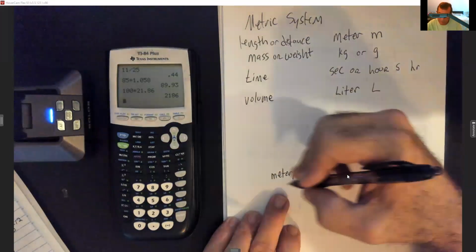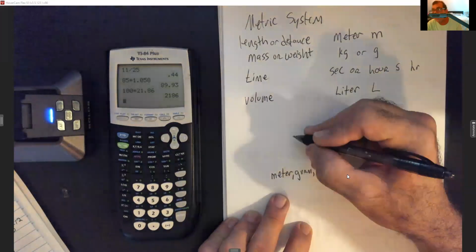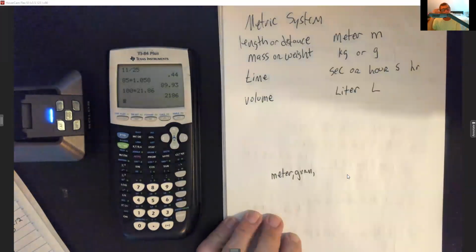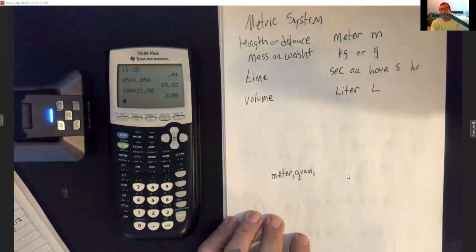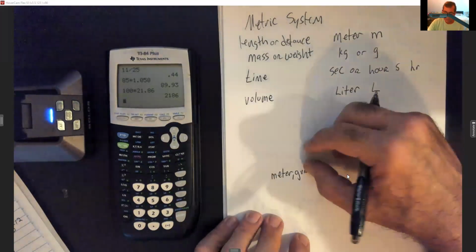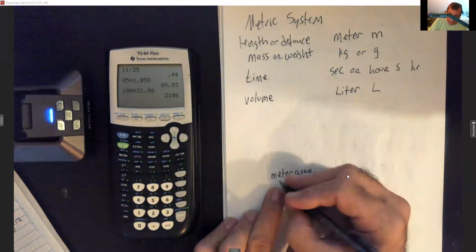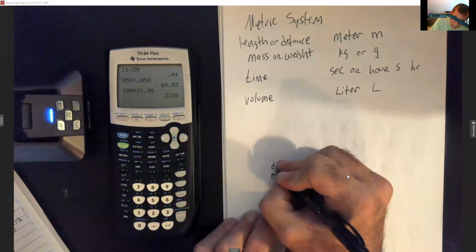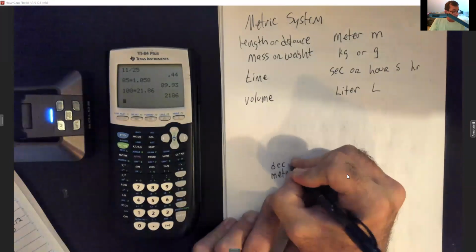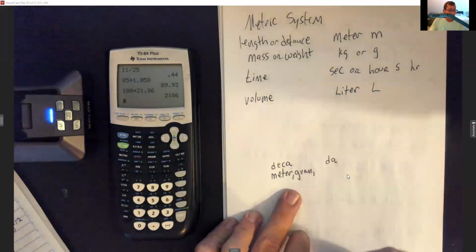So the metric system increases by powers of 10 between each unit, to where inches to feet, well, there's 12 inches in a feet, 3 feet in a yard. Metric system didn't like that. They wanted to increase everything by powers of 10. So here you got a meter. If you multiplied 10 times a meter, that would give you 10 meters or 1 decameter, which is abbreviated DA, deca.